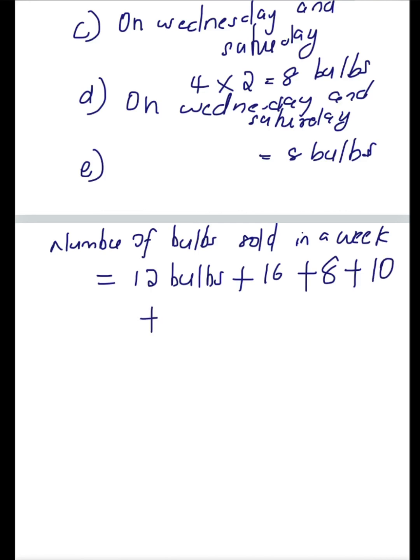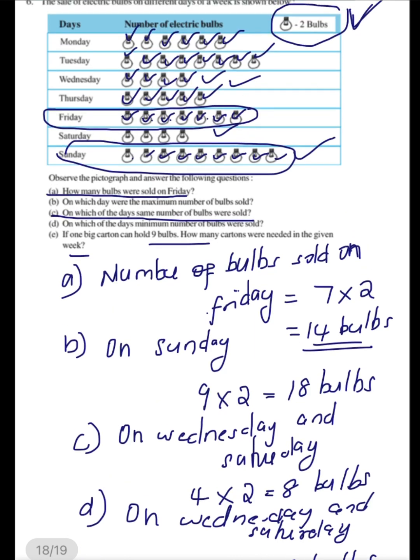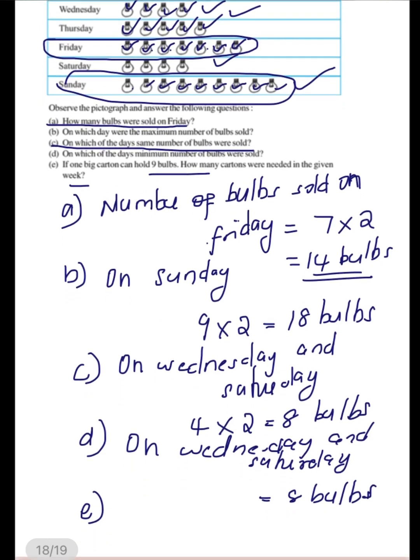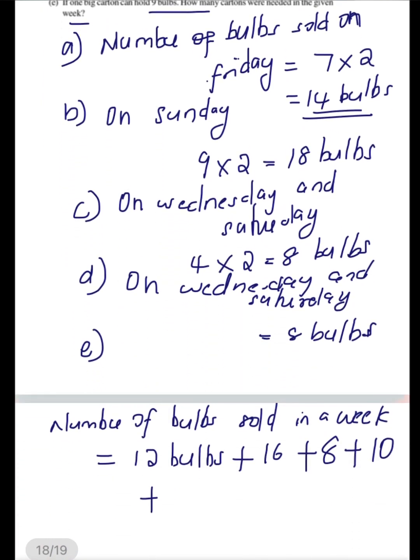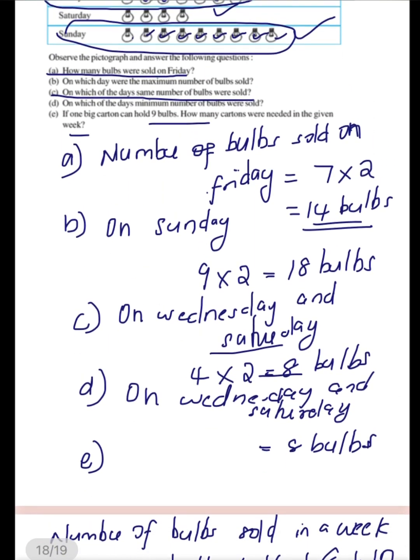Now what about Friday? On Friday, we have already calculated in A that 14 bulbs were sold, so you can just add 14. Saturday also, you can see here 8 bulbs were sold. Now what about Sunday?